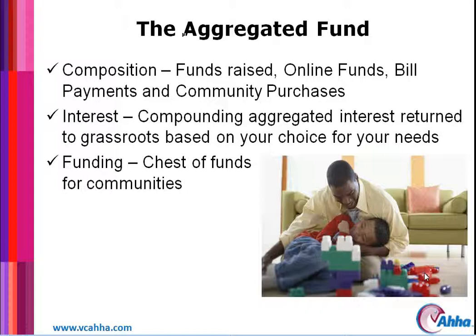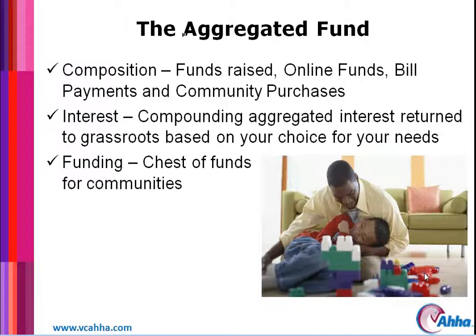We mentioned that the interest is compounding and is aggregated and is being returned to your grassroots organizations of your choice for your needs. So the aggregated fund becomes effectively a chest of funds that can be used to fund things in communities for your needs.